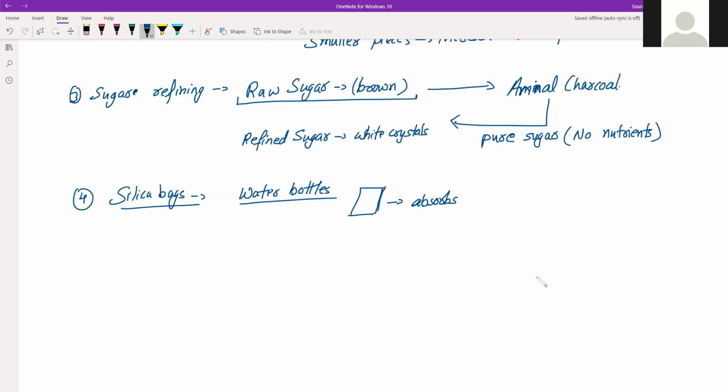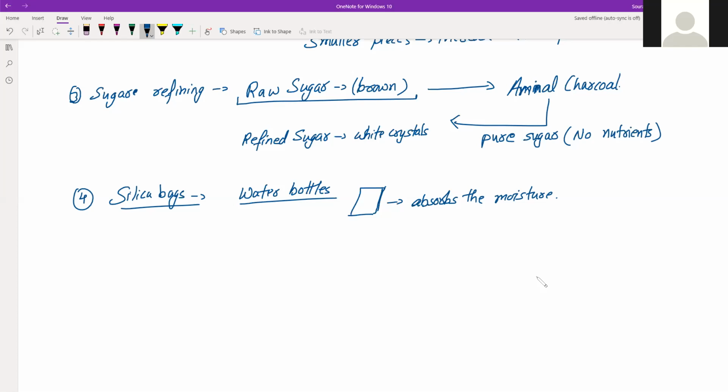Why do we need it? So that moisture is absorbed and there is less scope for growth of new microbes which can grow in that moisture, right?